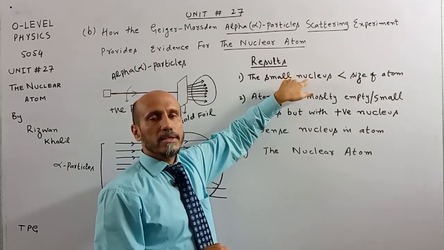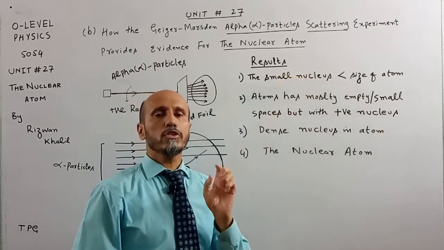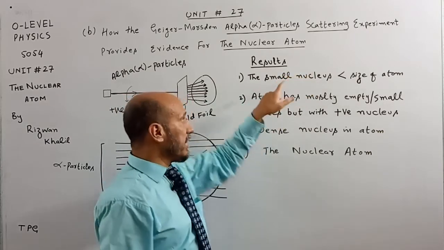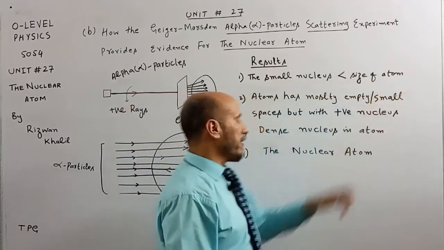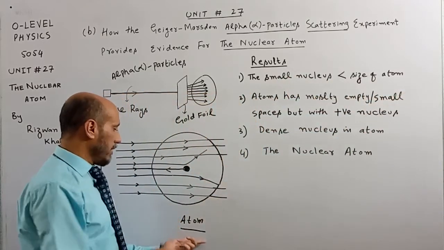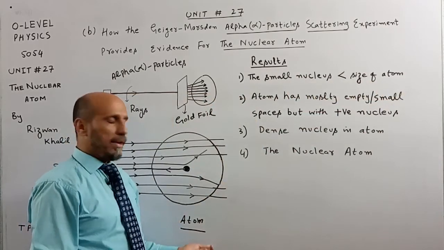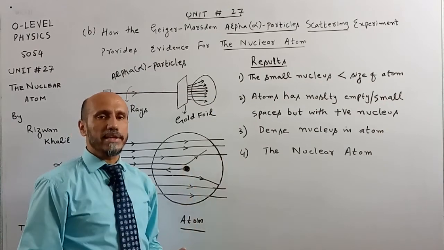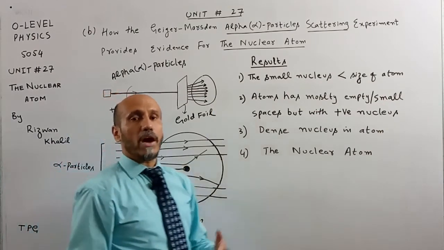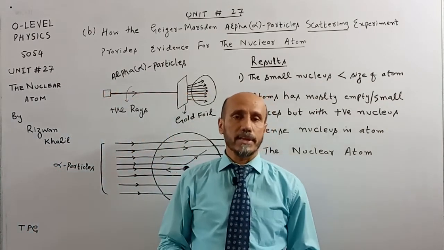In other words, the size of the nucleus is very small, and definitely the size of the nucleus is less than the size of the atom. From this diagram it is also clear that this was the atom and this was the nucleus, so the size of the nucleus is very small. And how did they conclude this result?